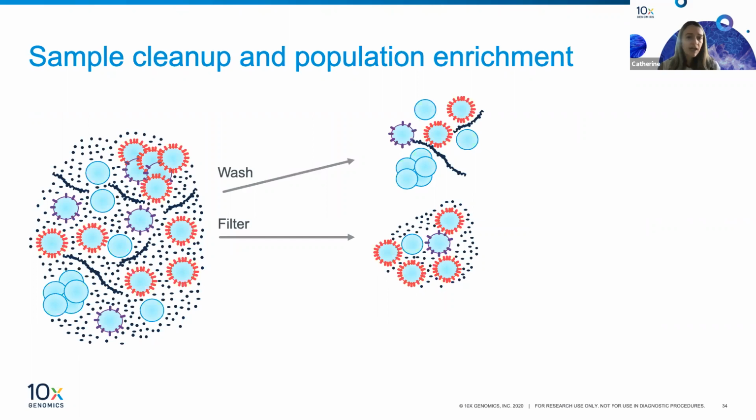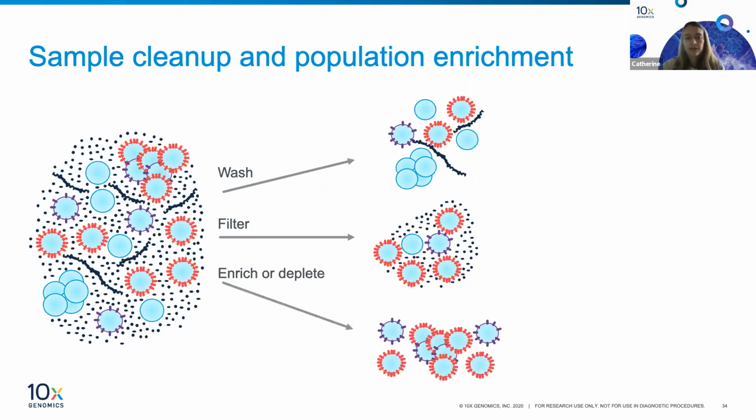If we filter, we're able to remove large debris from our sample, and we may also choose to enrich or deplete for a specific population. So we might be depleting dead cells, and we might be enriching, for example, a specific population of T cells, if that's of interest. So these are the kind of sample cleanup and enrichment techniques we can use.